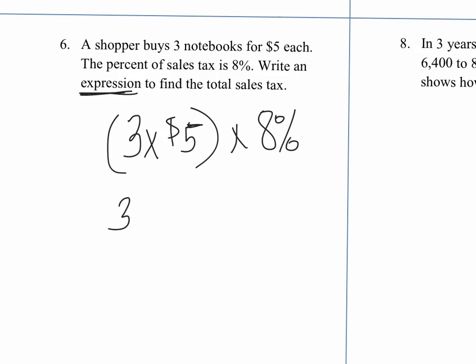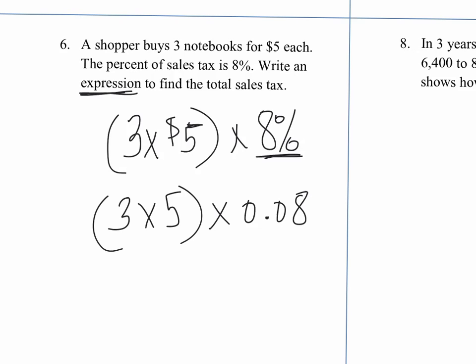So 3 times 5 multiplied by 8% as a decimal, 8 hundredths, would give you the sales tax. If you wanted to find the total cost, at the end of that problem, you would have to add the sales tax to the cost of the item.